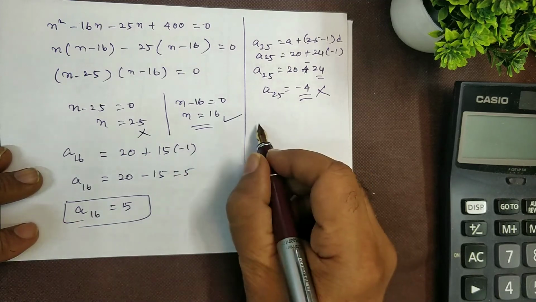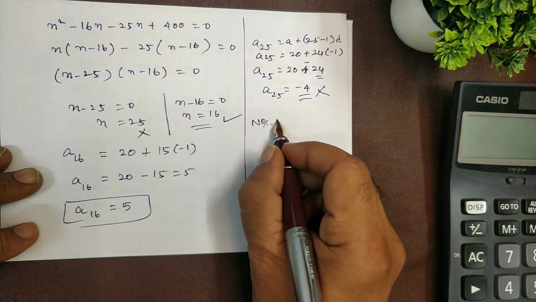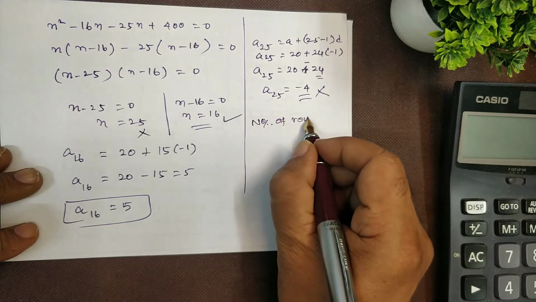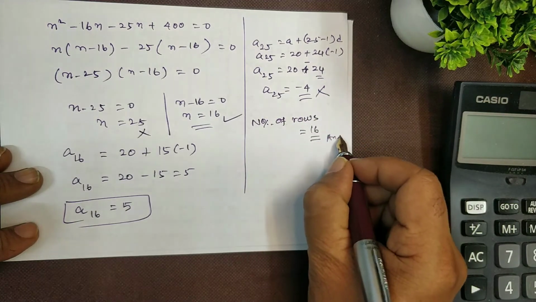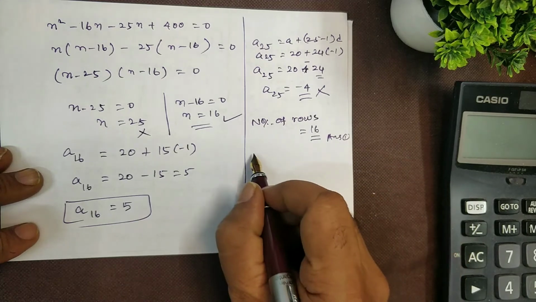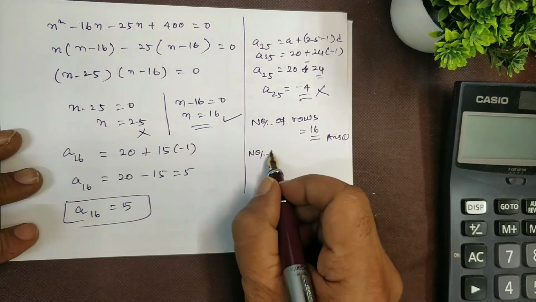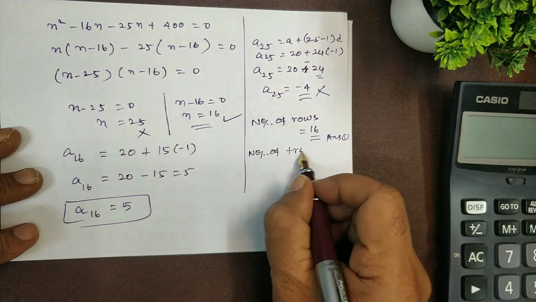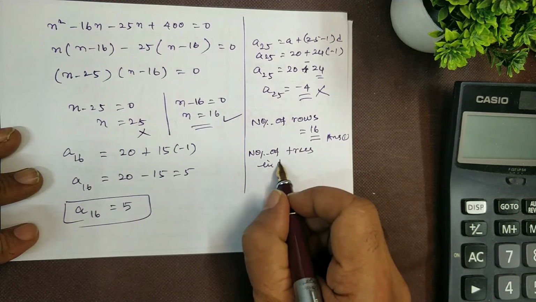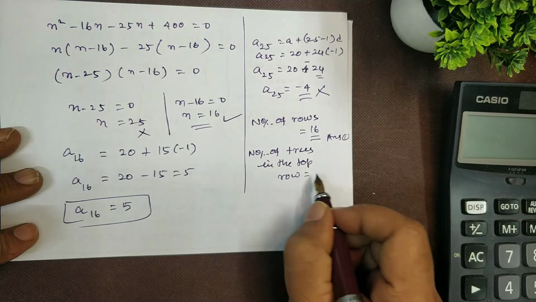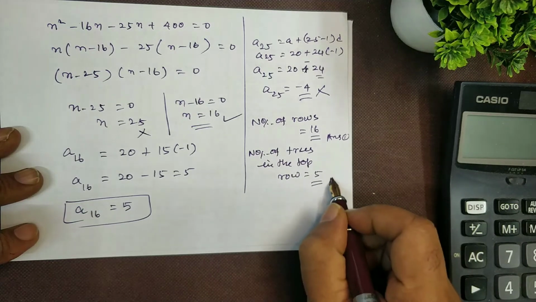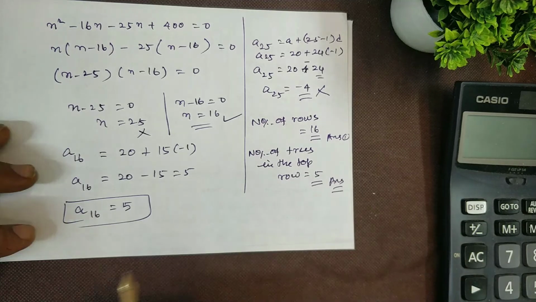So the number of rows is 16. This is answer 1. Second, the number of logs in the top row will be 5. This is the second answer. Are you able to understand?